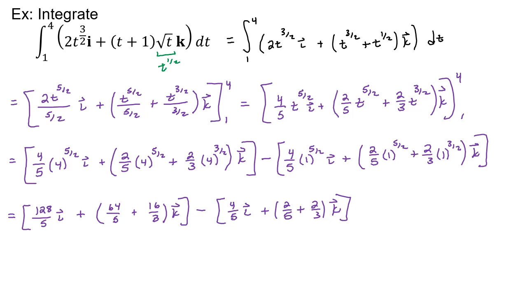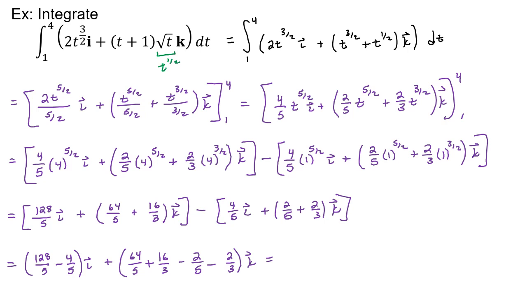You have 128 over 5, and a minus 4/5 on the i. Nothing on the j's. And then on the k's, I have a 64 over 5, a 16 over 3, and a minus 2/5 and a minus 2/3.